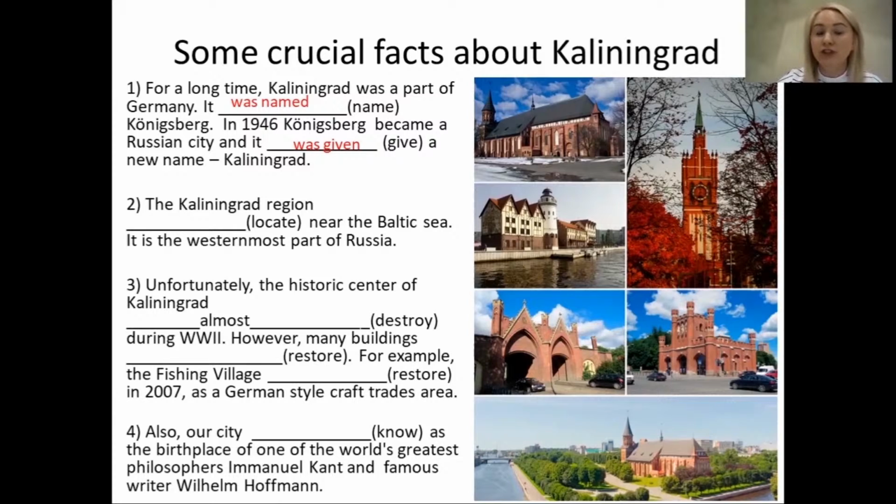So let's look at the second fact about Kaliningrad. The Kaliningrad region is located near the Baltic Sea. It is the westernmost part of Russia. Unfortunately, the historic center of Kaliningrad was almost destroyed during the Second World War.